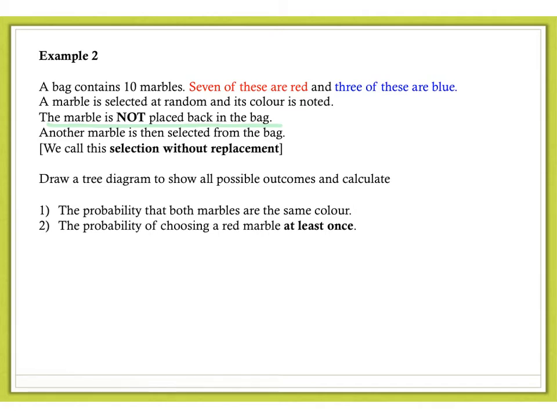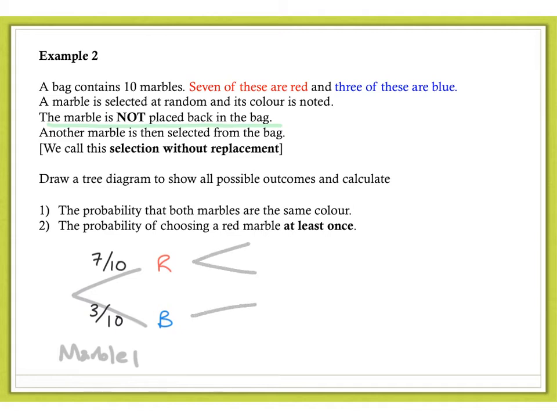Let's look at our tree diagram and set it up carefully. So, marble 1, first of all, and we have two options here. It can be red or it can be blue, and these probabilities are 7 out of 10 and 3 out of 10 again. Now, we then put in the branches for marble 2.